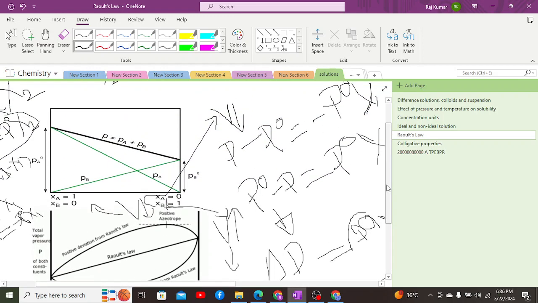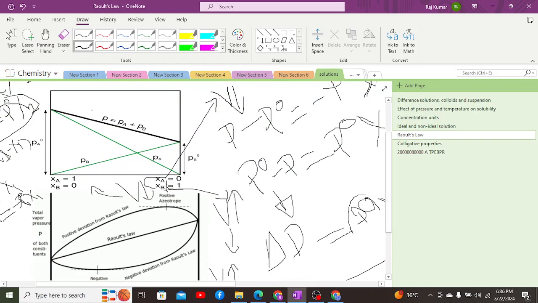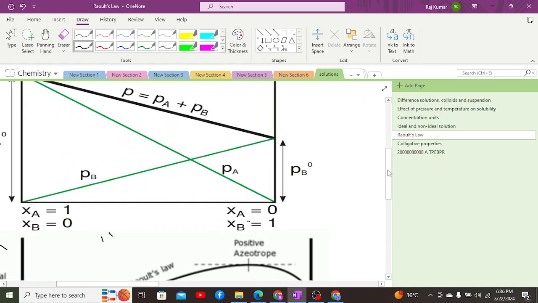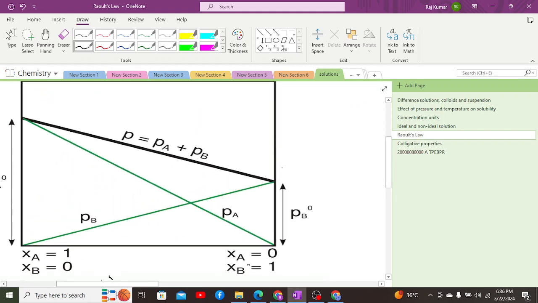So when we draw the graph of both of these, we have the mole fraction or concentration on the x-axis, while the vapor pressure is on the y-axis. This is the graph over which we can see the total vapor pressure of the entire solution.